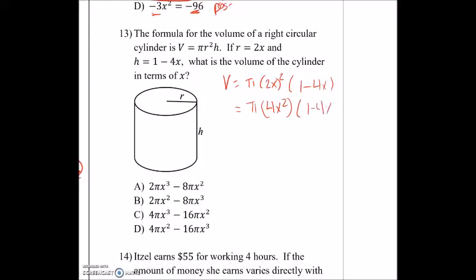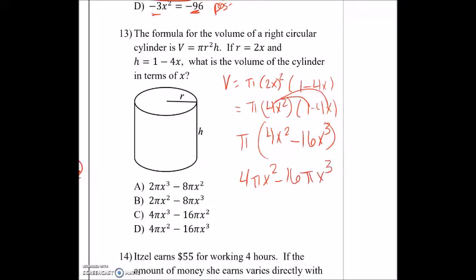But we still have to multiply it times the height. So we have 4x squared times 1, which is 4x squared. 4x squared times a -4x, which is a -16x cubed. Now, all this, we still are supposed to multiply it by pi. So that's how I end up with 4 pi x squared minus 16 pi x cubed. So the only answer that matches that would be D.